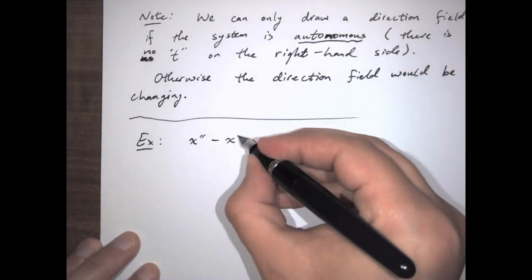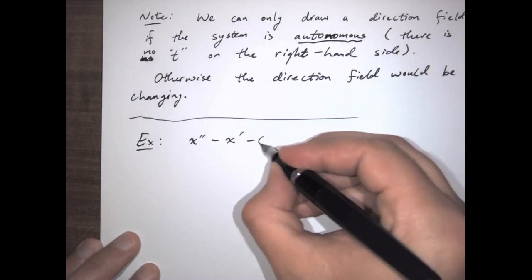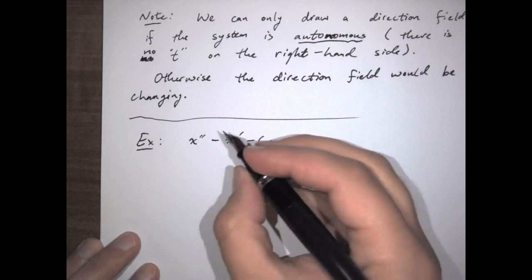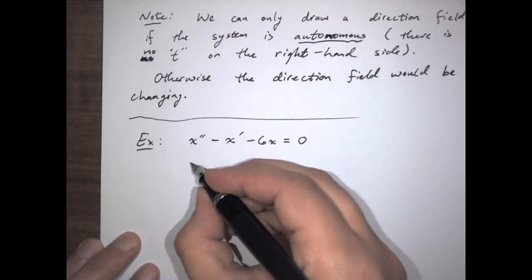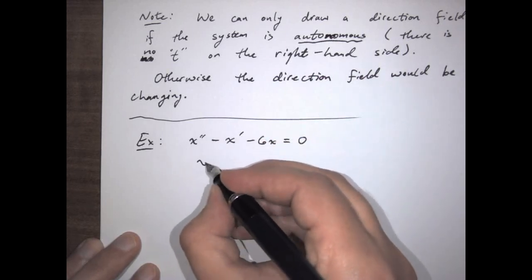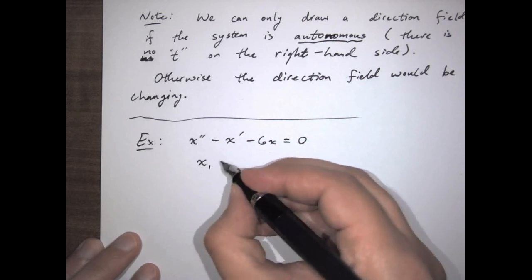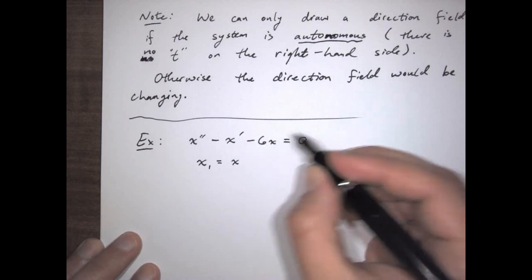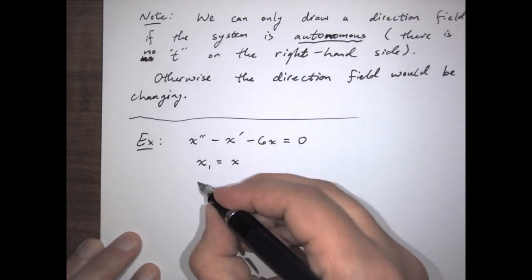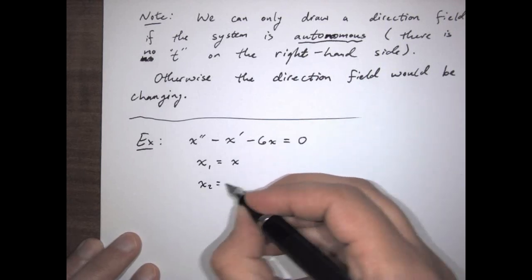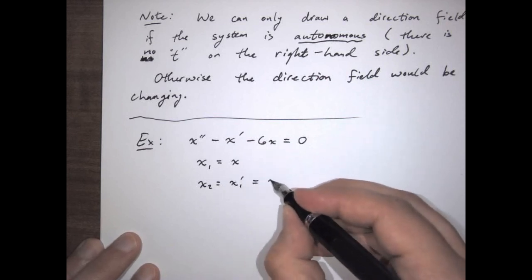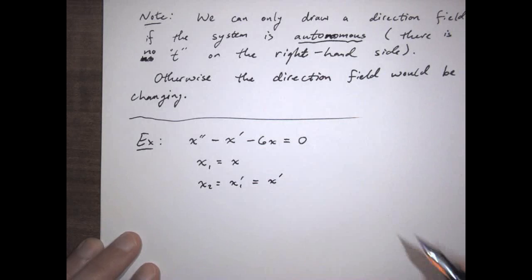So x double prime minus x prime minus 6x will now equal 0. Which then will give us the system: x1 is going to be equal to just x, and x2 is going to be the derivative of x1, which is the derivative of x.